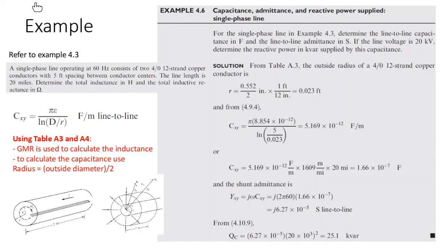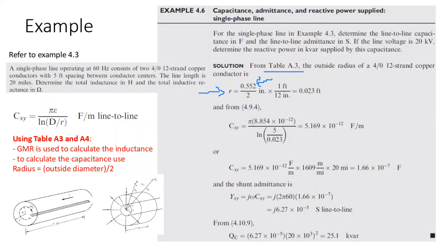In calculating the inductance and the resistance, we just go to table A3 as we did for the inductance. You will find the diameter in inches, not the geometric mean distance, the diameter.